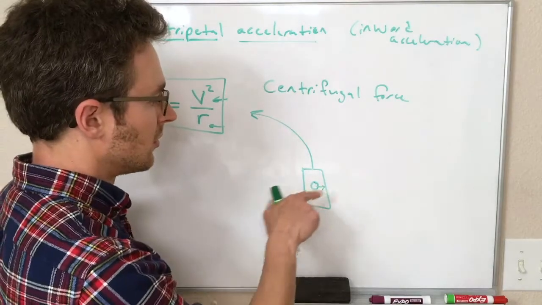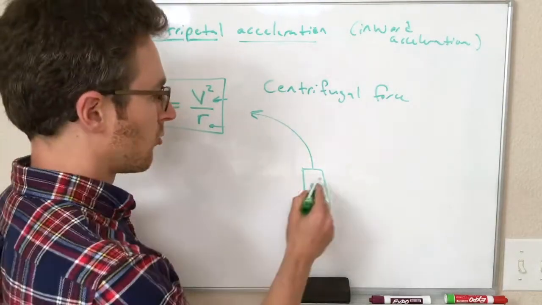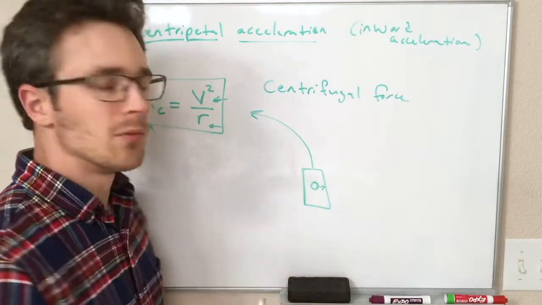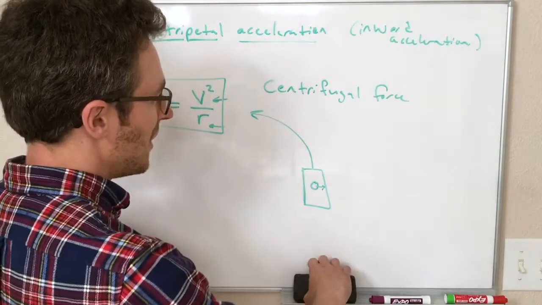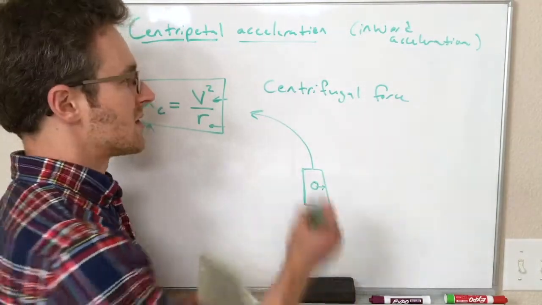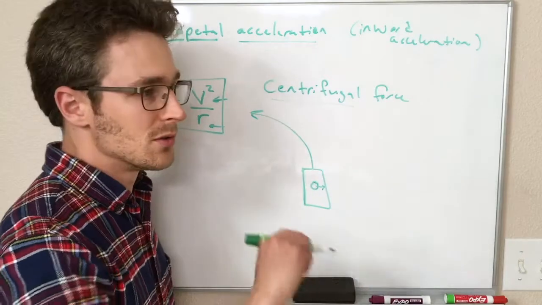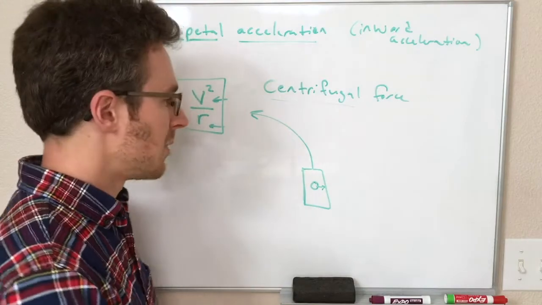It feels like something invisible is pushing you up against the right side of this car if you're making a left turn, right? So this is often referred to as the centrifugal force. This is how a centrifuge works. You spin something around and this extra force pushes stuff down to the bottom.